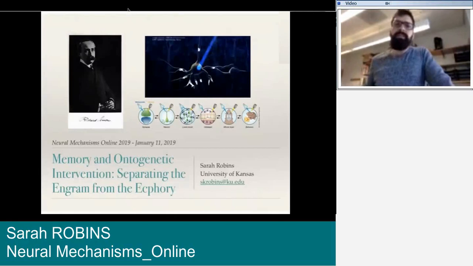And then the second point that I was going to make is that this is one of the difficulties of scaling up research in memory from animals to humans, because accuracy is always dependent on the task. In humans, we have different measures of accuracy. In rodents, we're going to have different measures of accuracy.